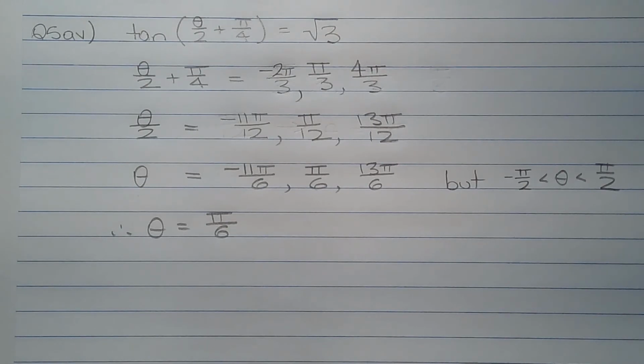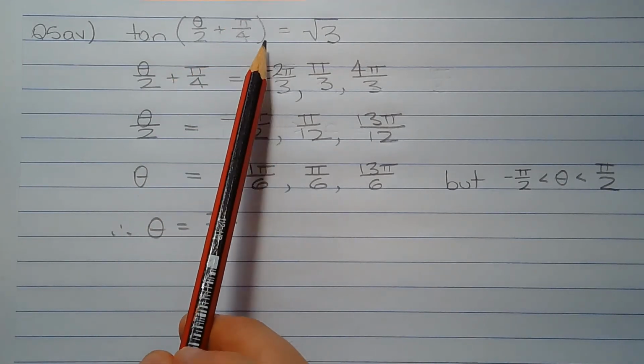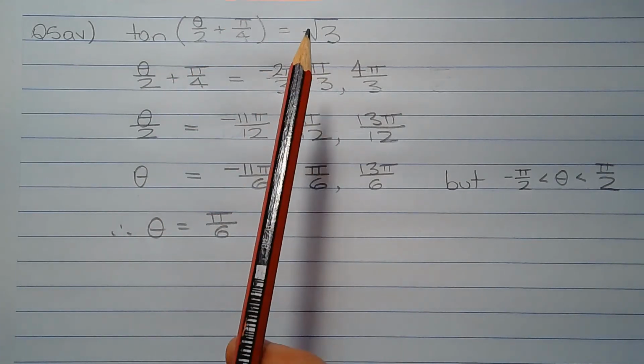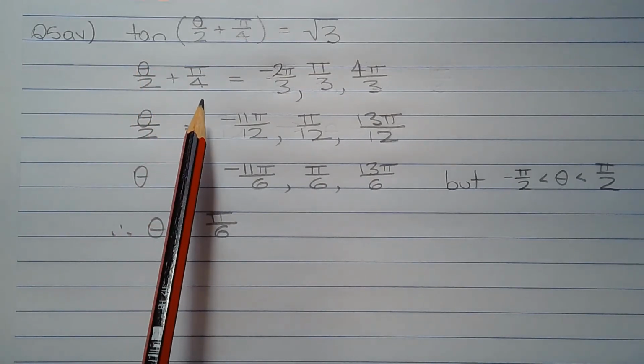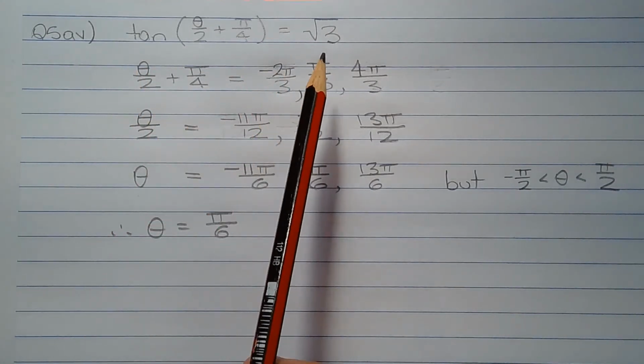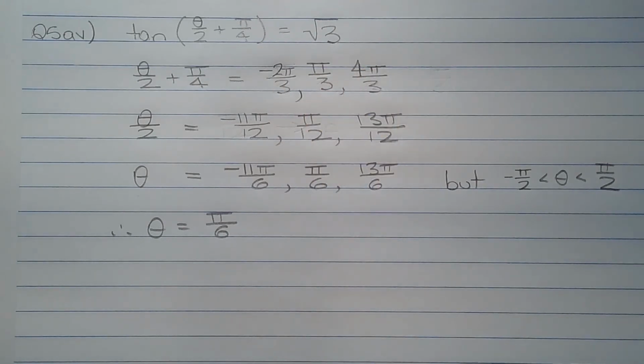So solving sec theta plus tan theta equals the square root of 3 is identical to solving tan of theta over 2 plus pi over 4 equals the square root of 3. Taking the inverse tan of both sides, we get theta over 2 plus pi over 4 is equal to negative 2 pi over 3, pi over 3, and 4 pi over 3. Just taking into account the stated domain, which is theta greater than negative pi over 2 and less than pi over 2, so I'm just thinking ahead a little bit here.